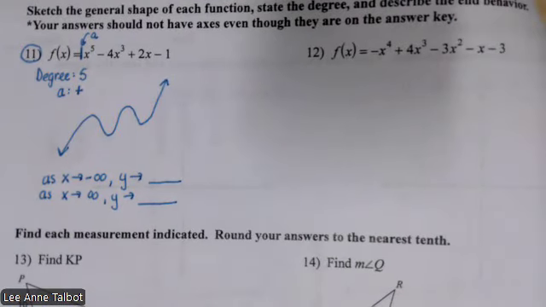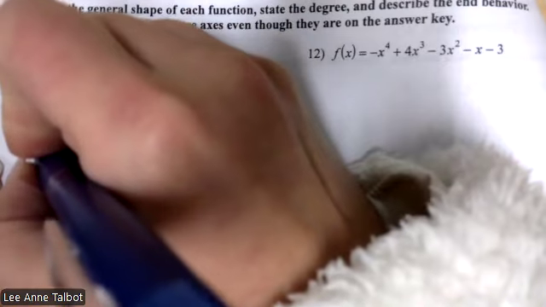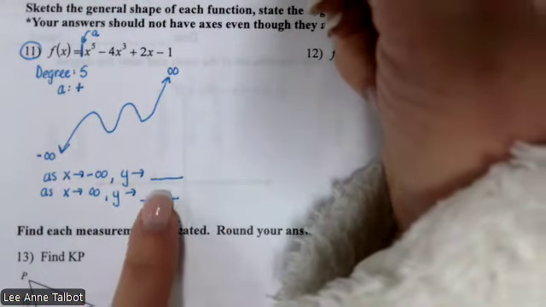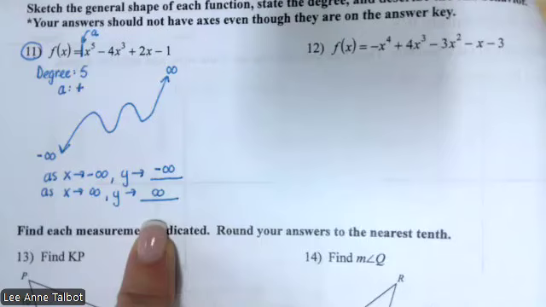Travesty. Mrs. Talbot, how could you make us write it? It'll be filled in the blank. And I'm always going to have the left on the top and the right on the bottom. I'm not a jerk, I promise. Okay, so anyway, left arrow is going down, right arrow is going up.